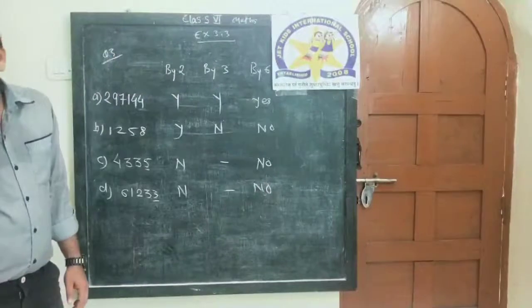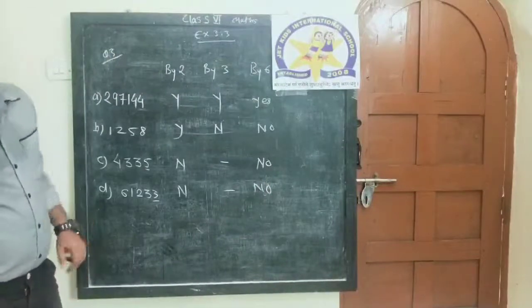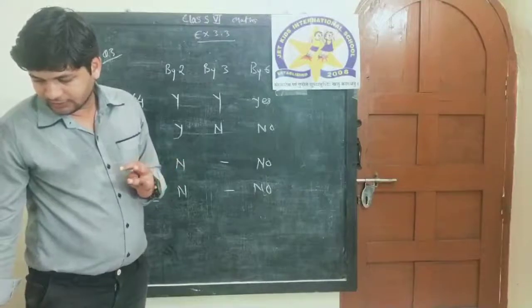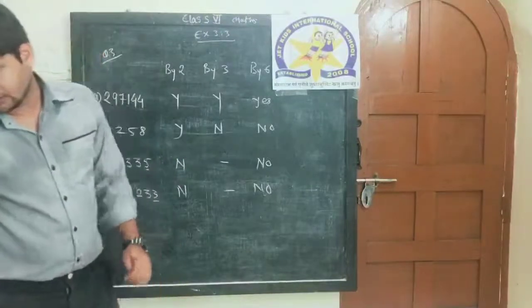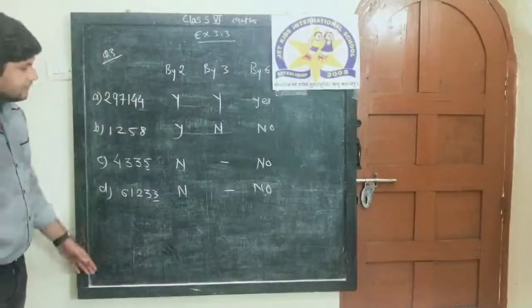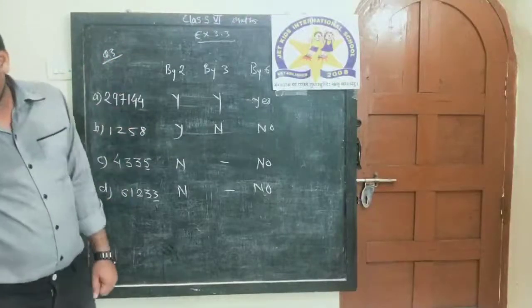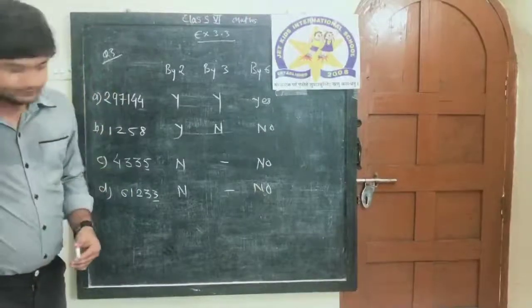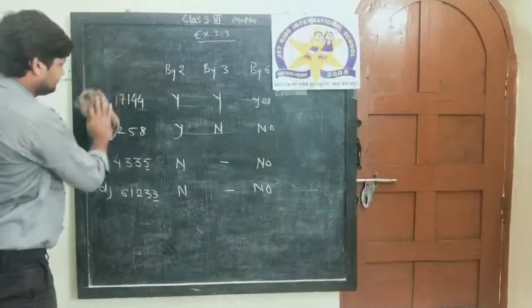So we have how many questions? After D, E, F, G, H, I, J. We have 6 parameters again, so you have to find in the same way. This sixth sub question of question number 3 is homework. And now let us solve question number 4.